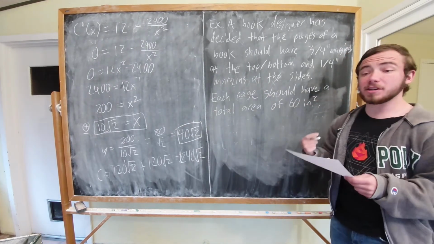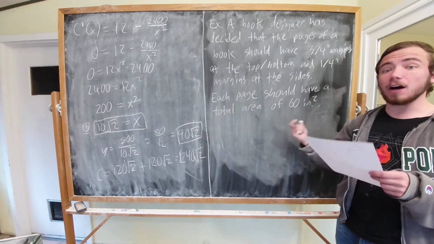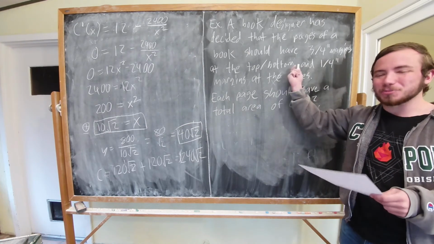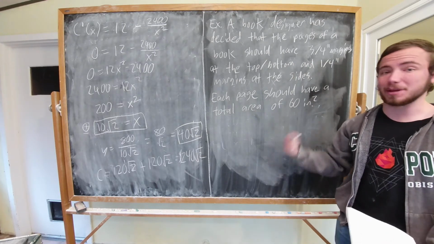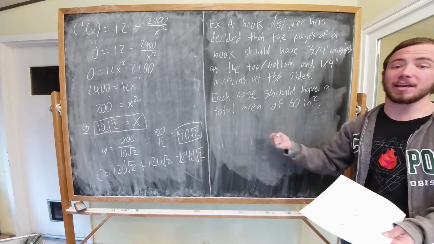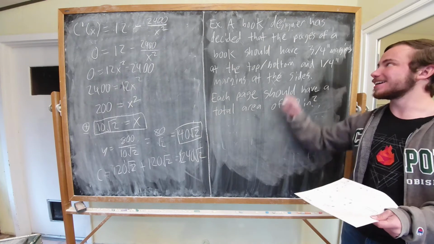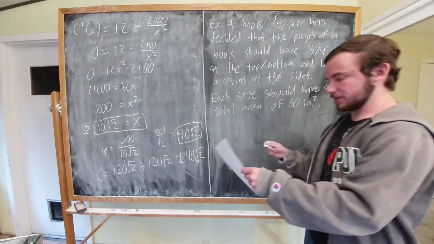Our goal is going to be to determine the dimensions of the page that will give us the most printed area on the page, right? You want to print as few pages as possible to minimize cost, so you want to figure out how to get as many words on there given these constraints.